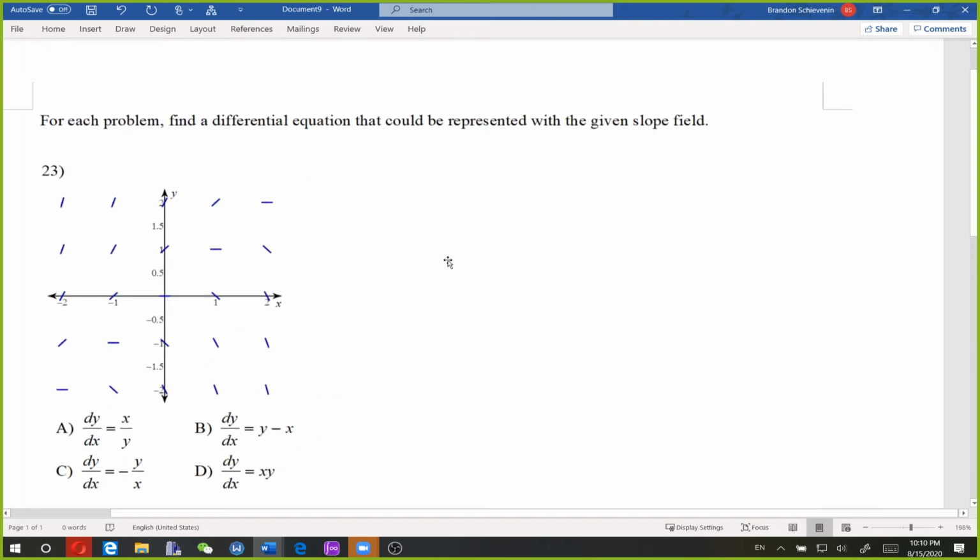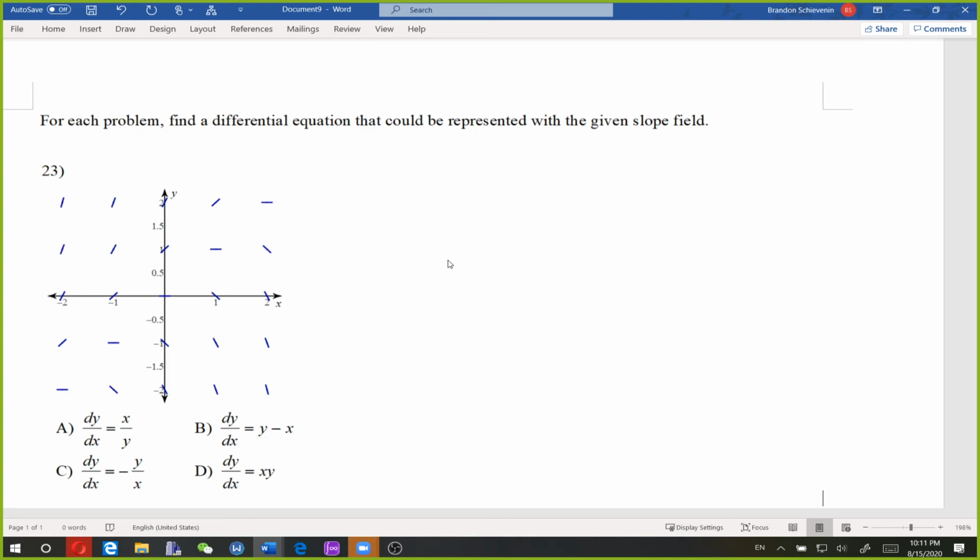So what we're really doing here is graphing the different slopes dy over dx that would happen at these x and y values, and it'll match one of these multiple choice options. So what I would do if I was going to do this is I would look for points where our slope is either 0 or our slope is undefined first.